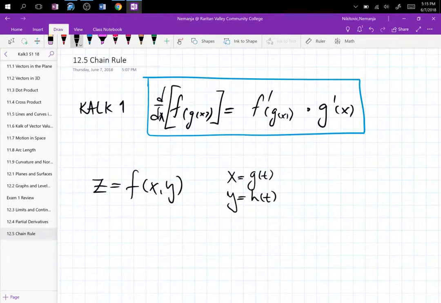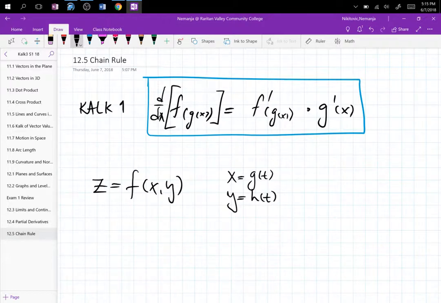You have two independent variables, and each one of those independent variables is parametricized by a single variable, a single parameter. So this is the easiest, cheapest, and most simple concept that we have for our derivative.